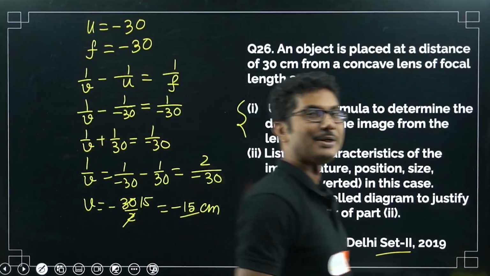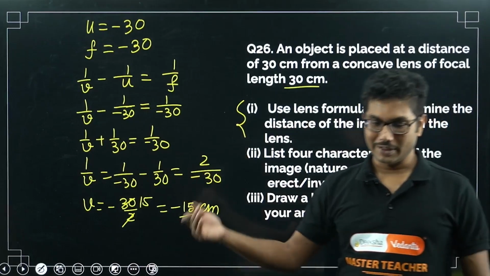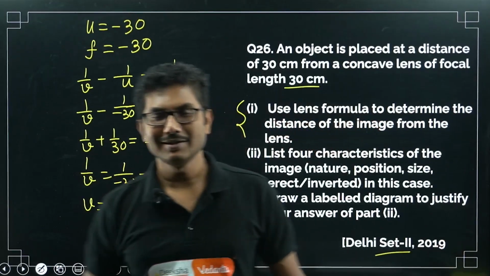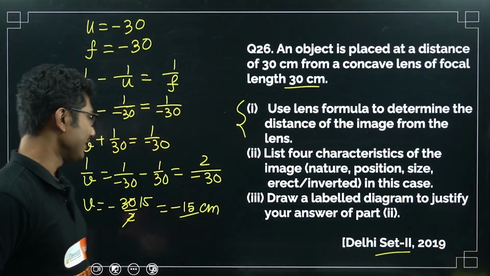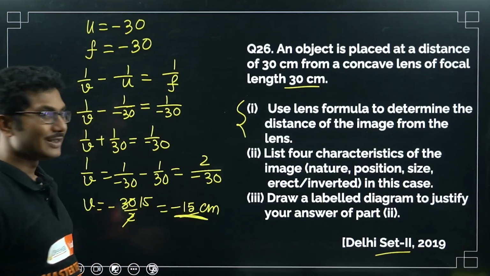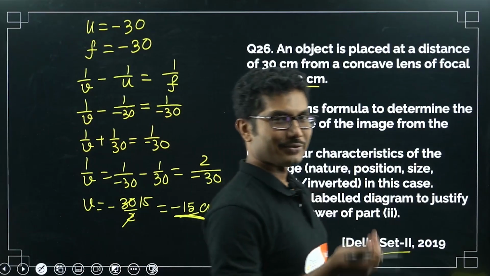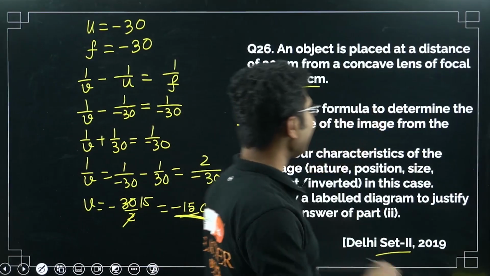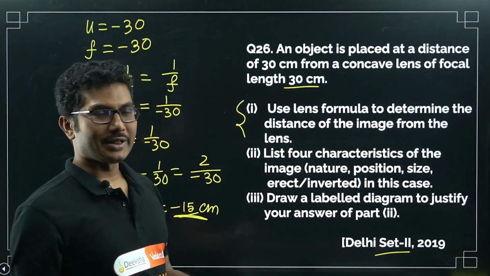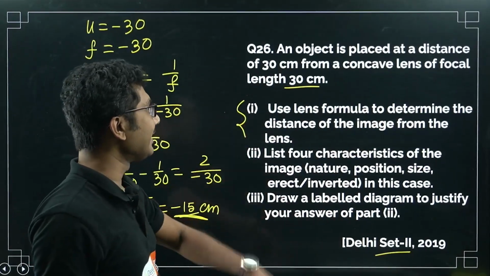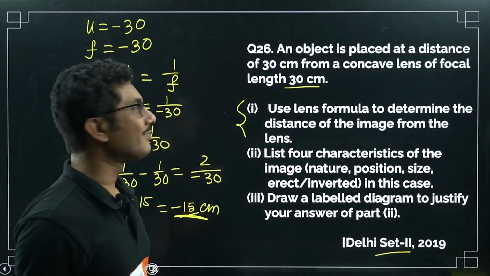The image is somewhere between the optical center and the focal length. So in this case, half of that: you will get it at a distance f by 2. That's why I said this is interesting. Other than that, all the properties, all the questions, everything is the same, because it's a different set. Same question, only a slightly different value.